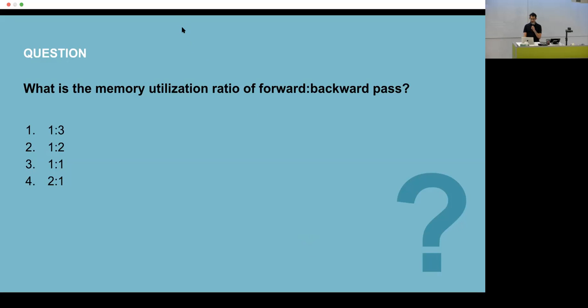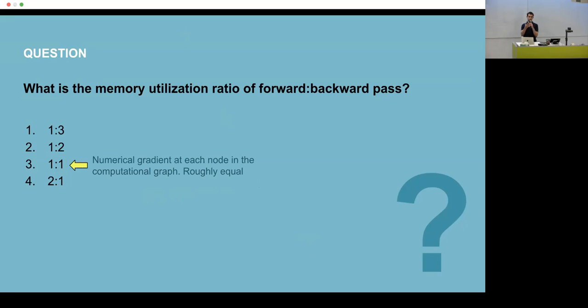I think the right answer is 1 to 1. The way I think about it is that we have a computational graph. In the forward pass, we compute all the values along that computational graph. In the backward pass, we're computing all the derivatives at these same points in the graph, right?